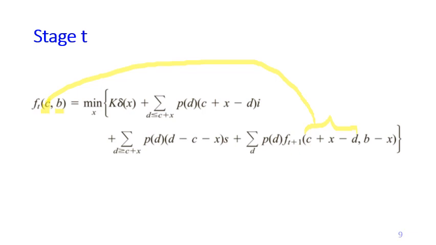So C is the money that we have at the beginning of stage T. X is the money that we either withdraw from the bank or deposit to the bank, minus the demand of cash that happens during this day when we do our business. So our cash position next day is C plus X minus D.